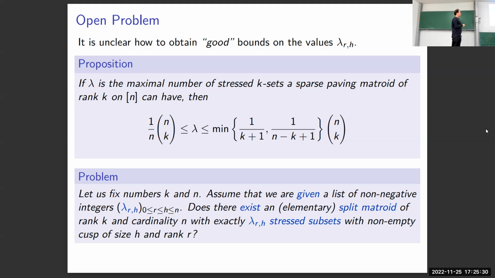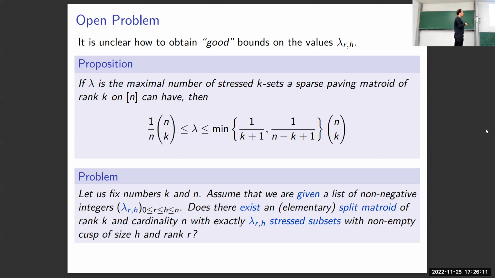So what I know is that if you have a sparse paving matroid and you want the maximum number of these stressed subsets, this is somewhere between 1 over n times n choose k, and if you look at the dual or not, therefore the minimum of 1 over k plus 1 times n choose k, or 1 over n minus k plus 1. So if you can improve this, then I would be very happy. But not only I, this is actually, especially for sparse paving matroids, an important question in coding theory. So this would be a really strong result.